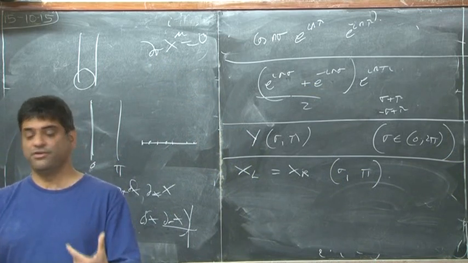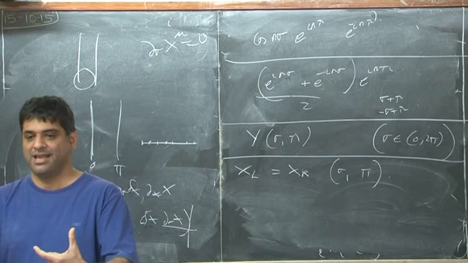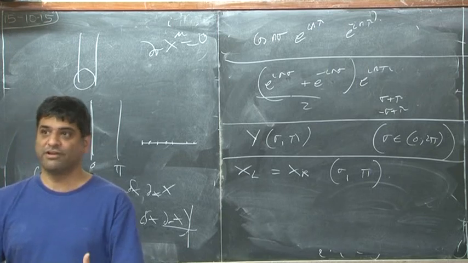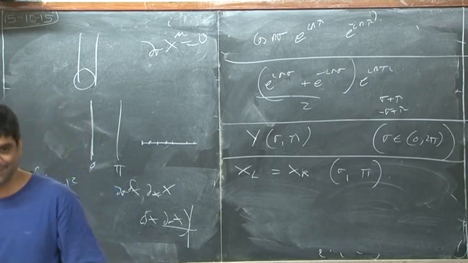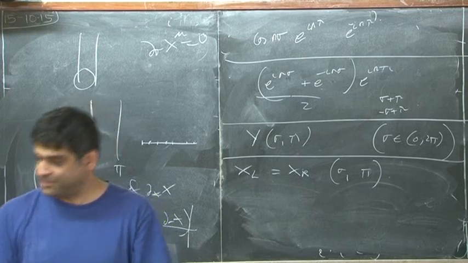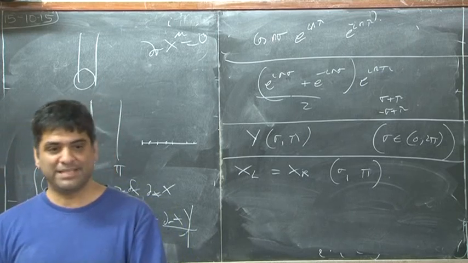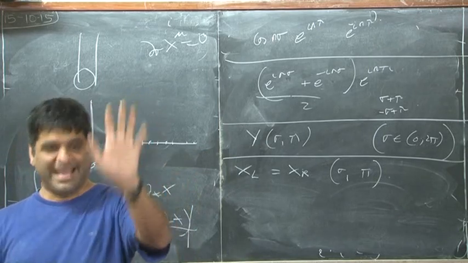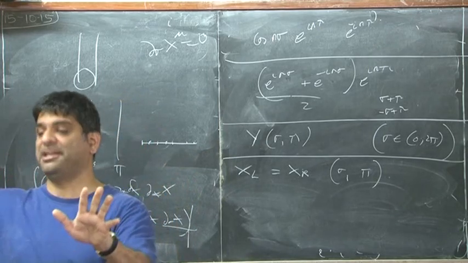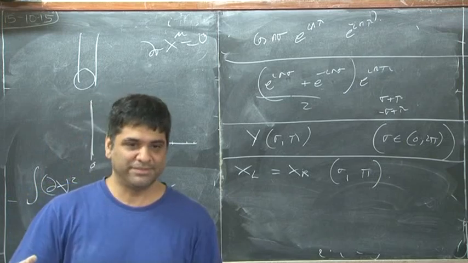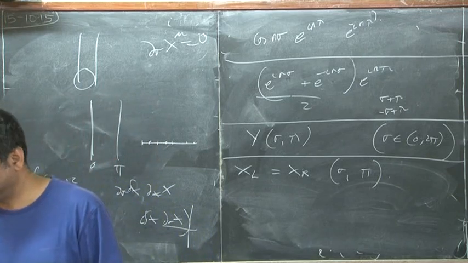Okay? So if you demand that, you've got some x left plus some x right, and then you differentiate with respect to sigma at sigma equals 0. That differentiation picks up x left prime minus x right prime, because x left was a function of tau minus sigma.